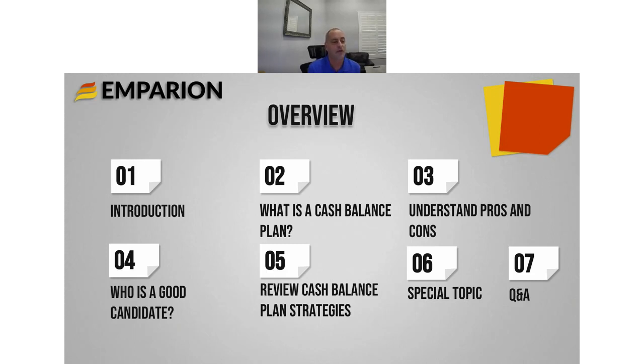We'll also talk about who's a good candidate, review strategies that we use, and we also come up with a special topic each time. We're going to talk a little bit about a cash balance plan illustration, kind of what an illustration would look like. And then we'll also do, like I said, a Q&A. Certainly you're welcome to pose any questions that you come up with as we go through this.